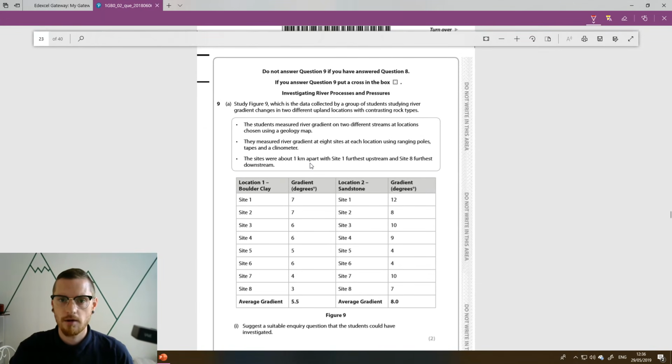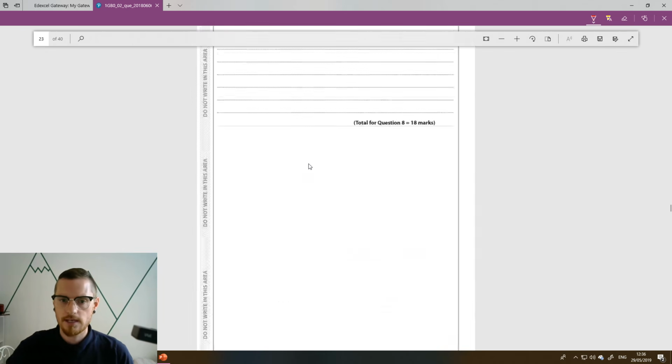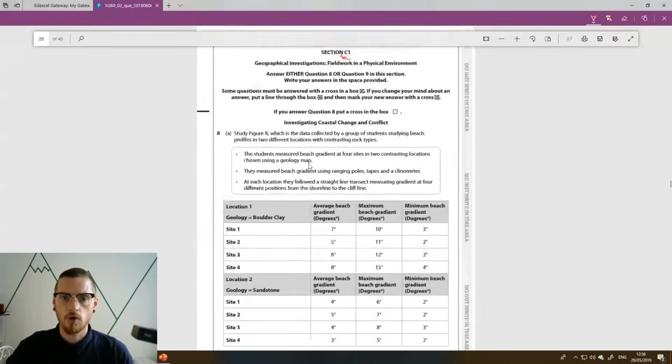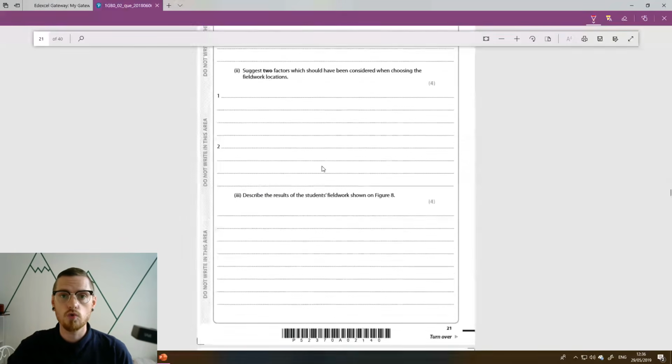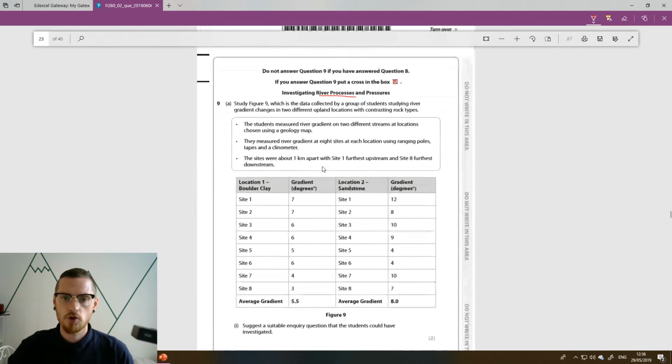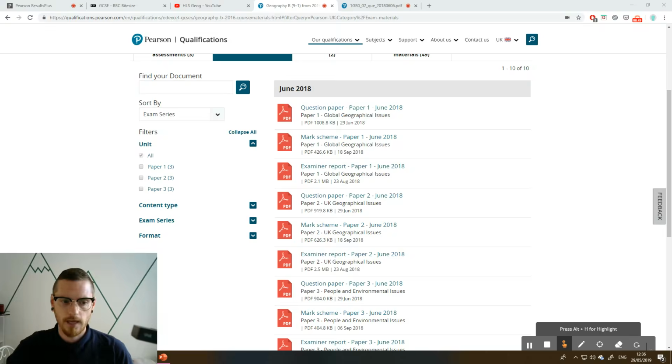This is section 9. And this is about rivers. It says it. So my geographers, you X this box. But look, the resource looks very similar to the coastal one. The questions are very similar. But clearly, if you've not done coasts, you can't answer them. I'm pointing that out to make sure you choose the relevant section. My geographers, it's section 9. If you did coasts, you do section 8.